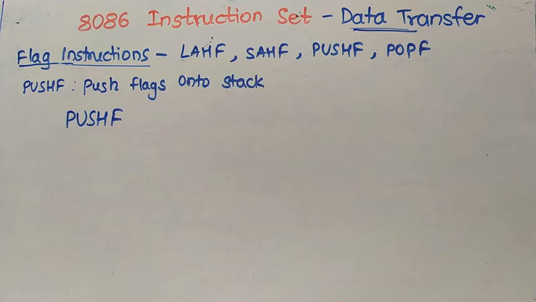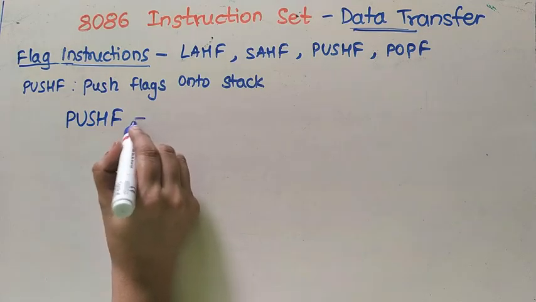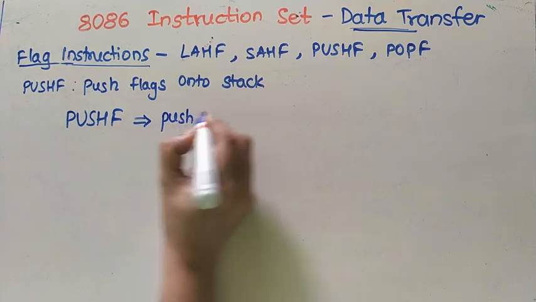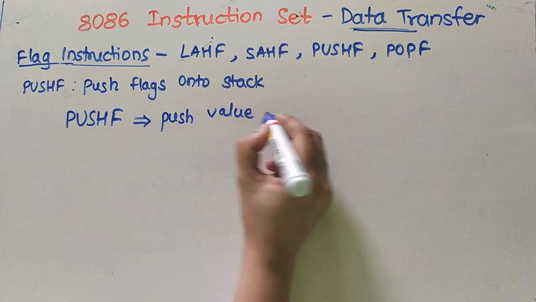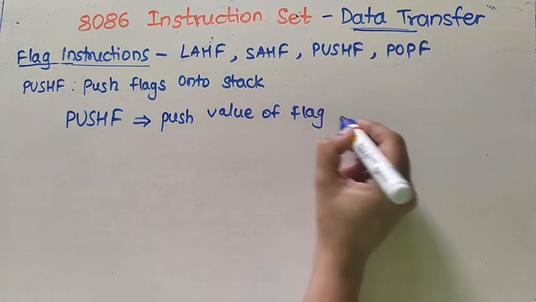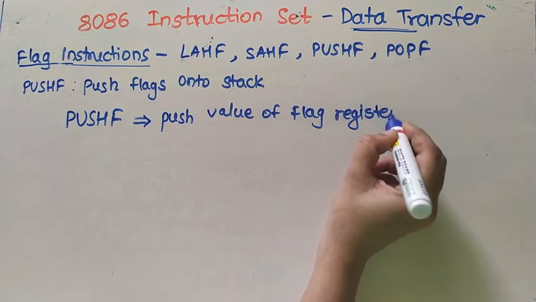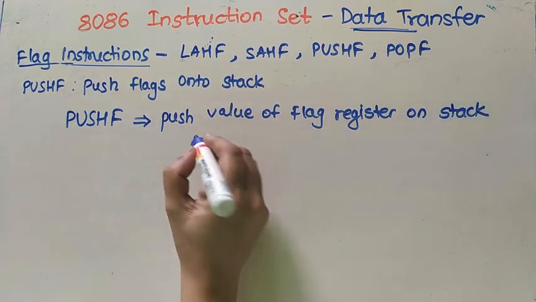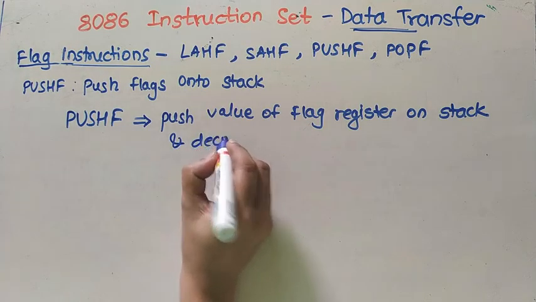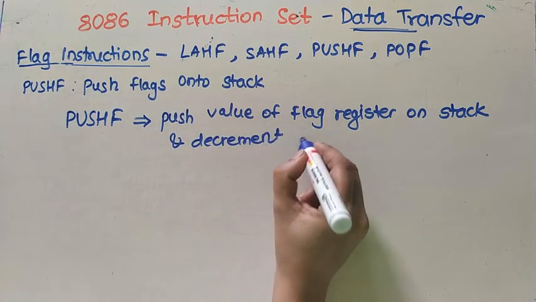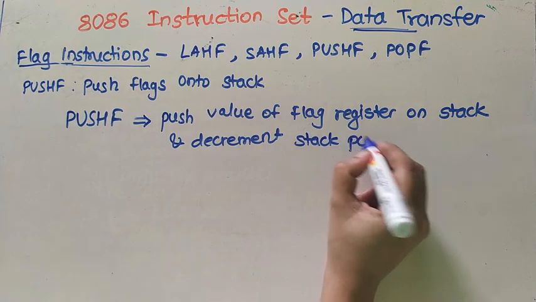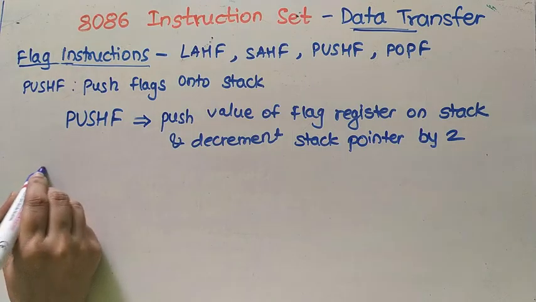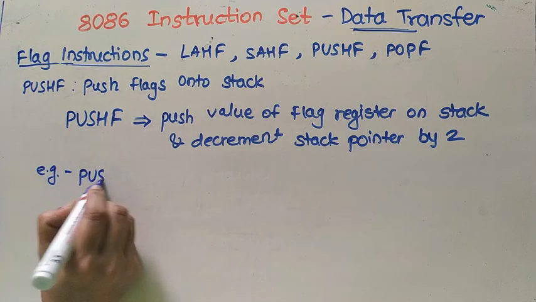This instruction pushes the value of the flag register onto the stack, and then it will decrement the stack pointer by 2.